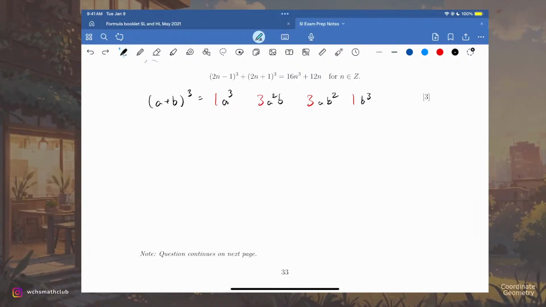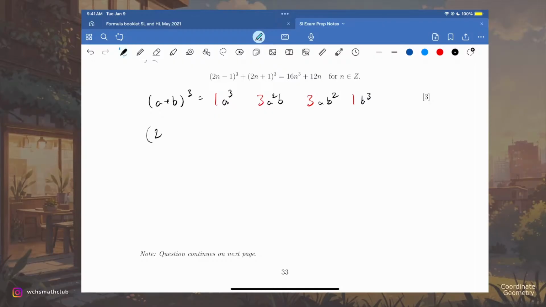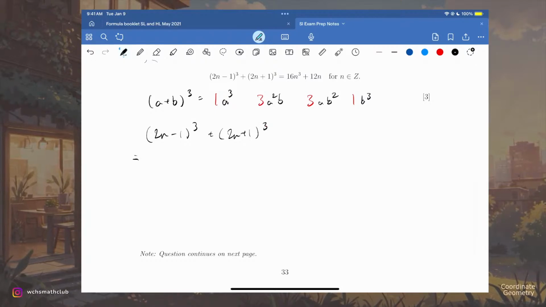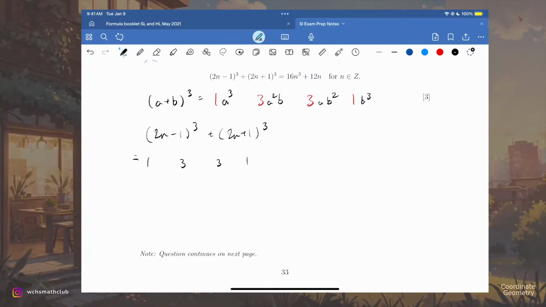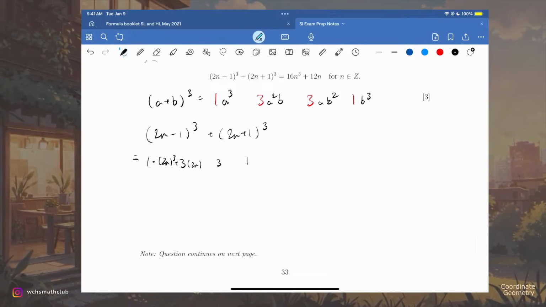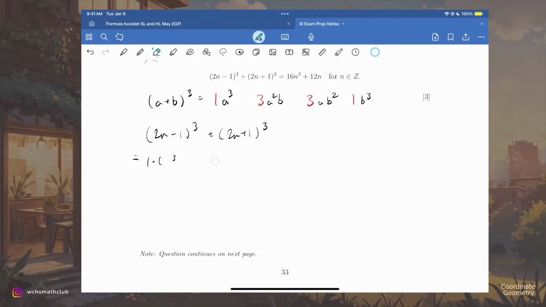So we have (2n minus 1) cubed plus (2n plus 1) cubed becomes, and then we're going to write essentially the 1 3 3 1 out. So 1 3 3 1, and then times 2n cubed plus, and this would be 2n squared times -1 plus 3 times, okay, this is actually not going to work out.